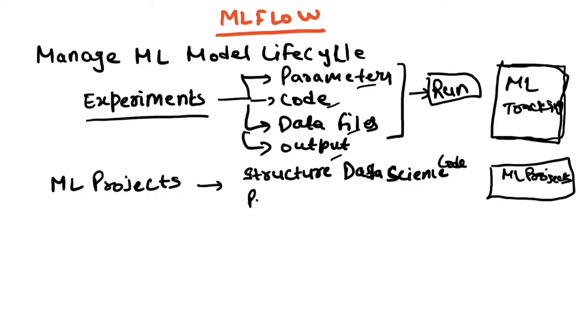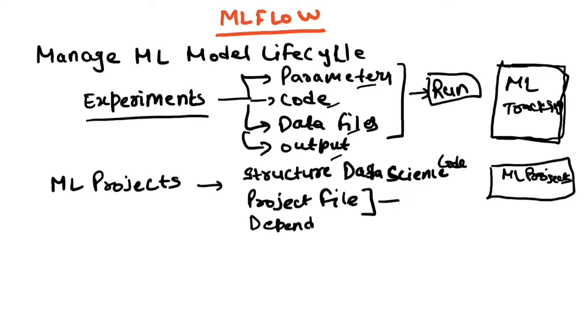So it also consists of a project file, which you can think of as a configuration: what is the entry point for your project, what all dependent files there are, and how you can pass the parameters to run your ML project. So all this information is contained in the project file, and it contains all the dependent files also.